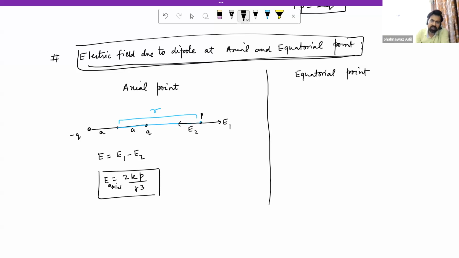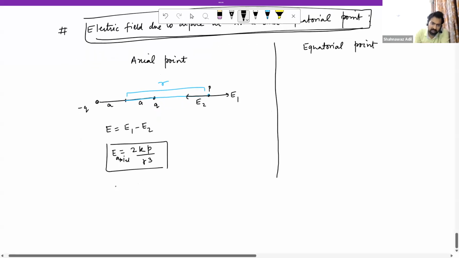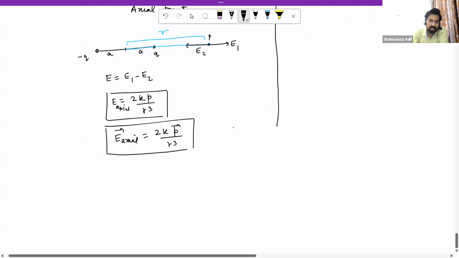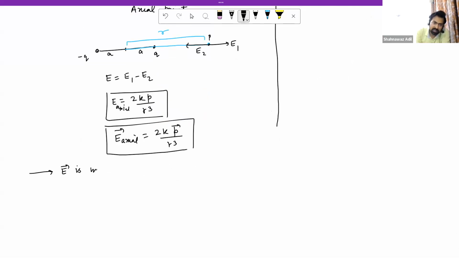If we write it in vector notation, the electric field at the axial point was 2kp divided by R cube. So what was the takeaway of this derivation? The takeaway was that the electric field is in the same direction as the dipole moment.